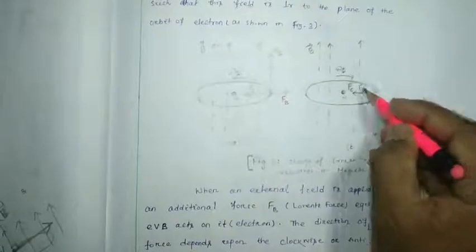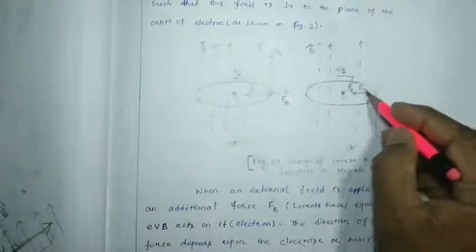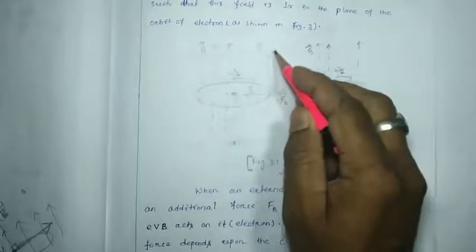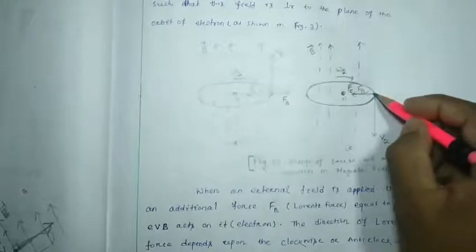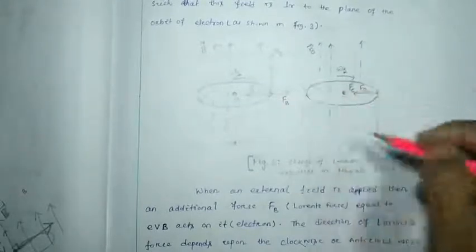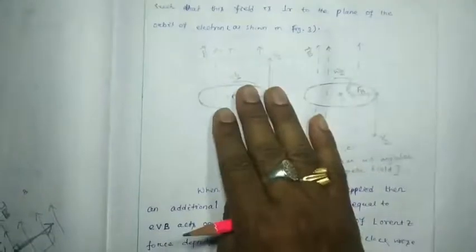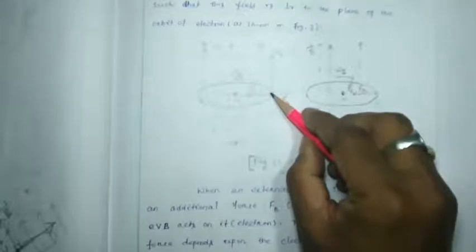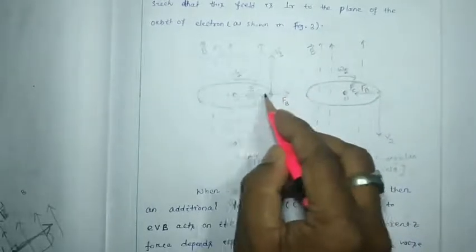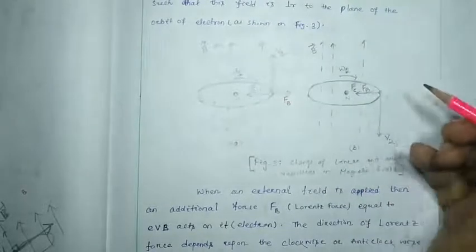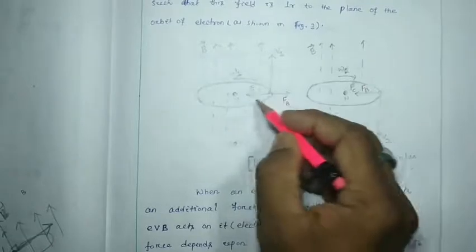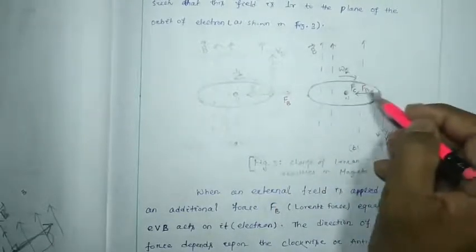Now the FB for this electron is this side, for this electron is this side, obviously the velocity V1 for electron 1 and the velocity V2 for electron 2 will both be different, because the net centripetal force on this electron and on this electron will be different: here the centripetal force will decrease, here the centripetal force is going to increase.